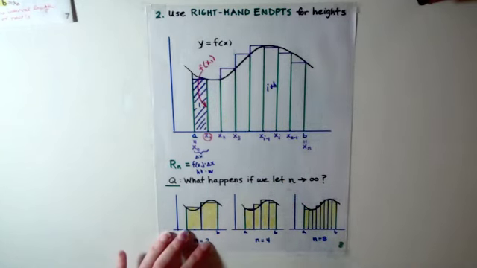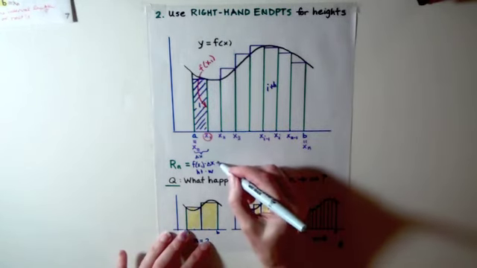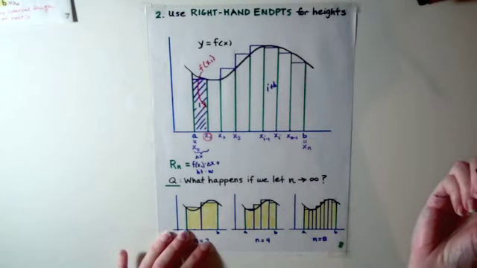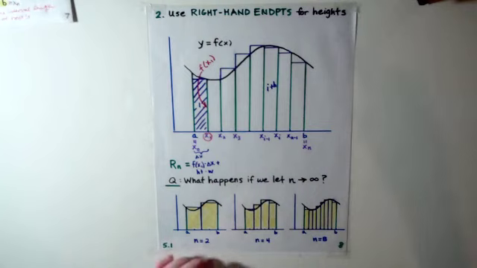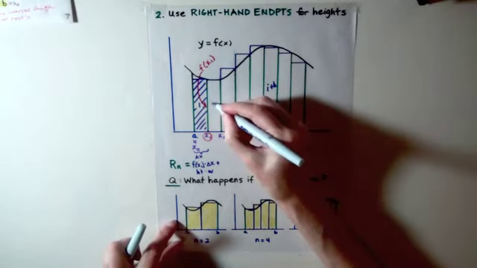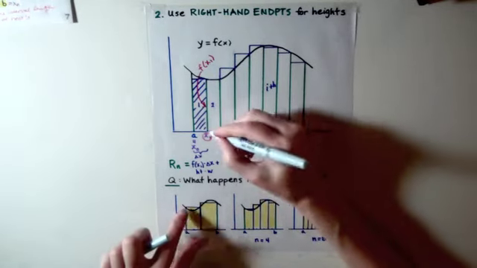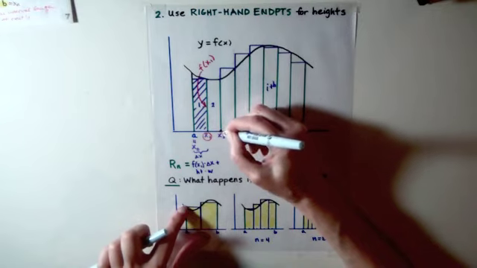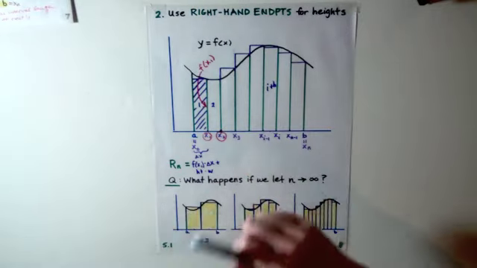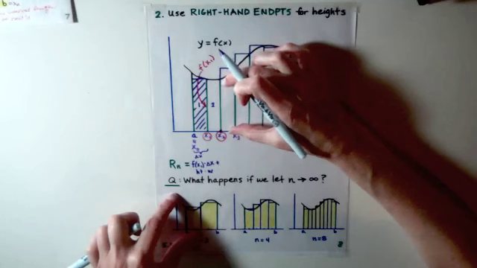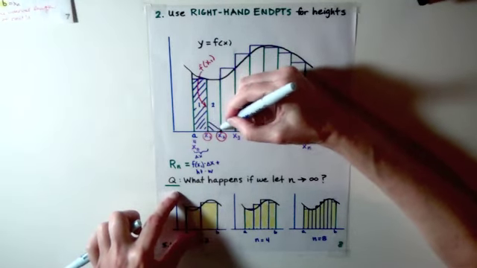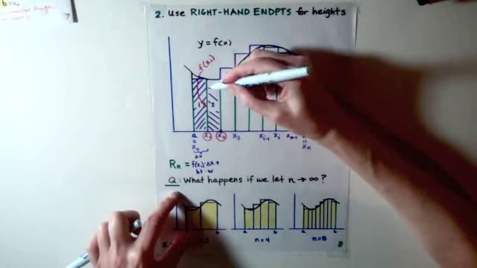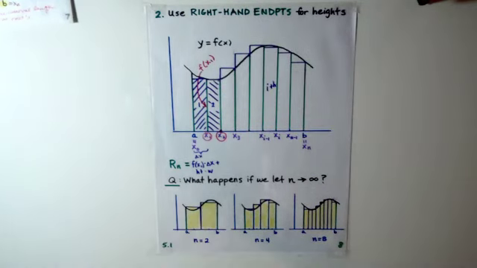Well, let's go ahead and see if we can write down the areas of the others, and we do it exactly the way we did for our specific example. The next rectangle, I have to use the right hand endpoint on the second strip. So the right hand endpoint on the second strip would be x2, and I create a rectangle that is this high for this second strip, and so this is going to be what my second approximating rectangle looks like.